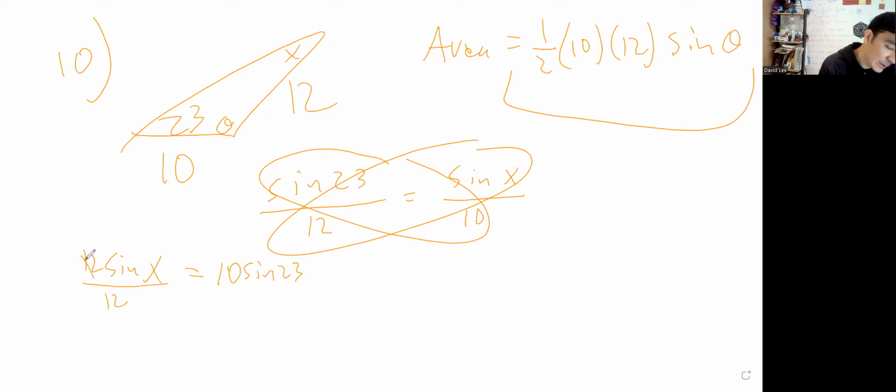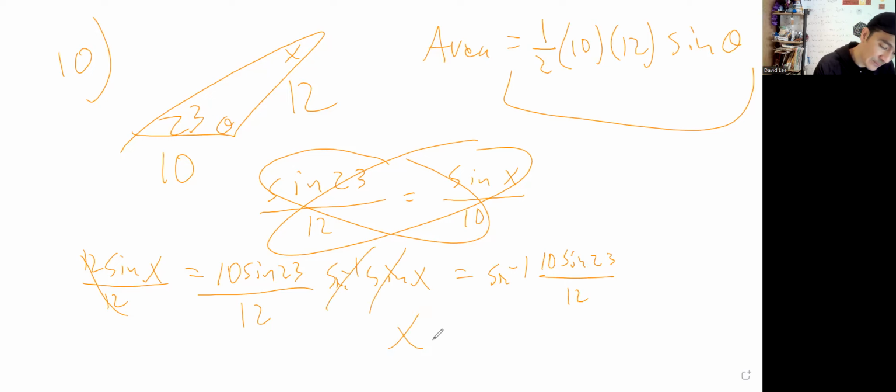Divide both sides by 12, so sine of x equals 10 sine 23 over 12. Then get x alone by going sine inverse. So x is about sine inverse of 10 sine 23 over 12, which is about 19 degrees.